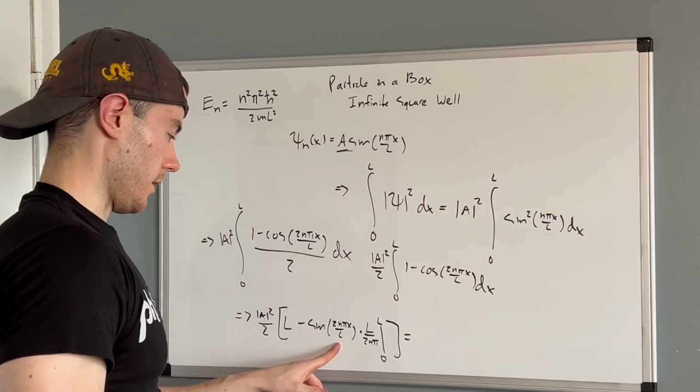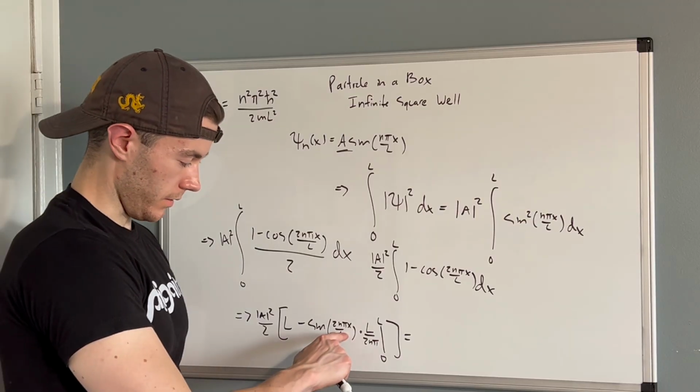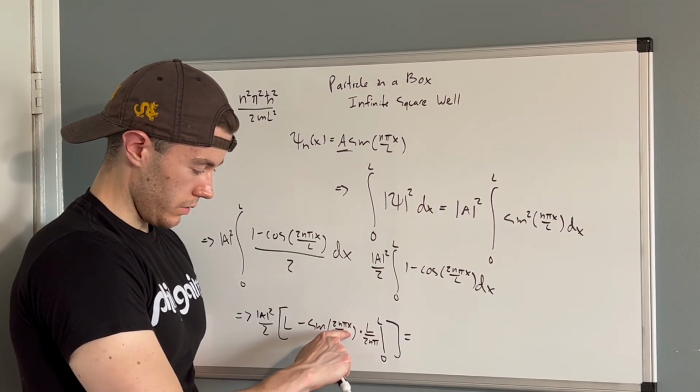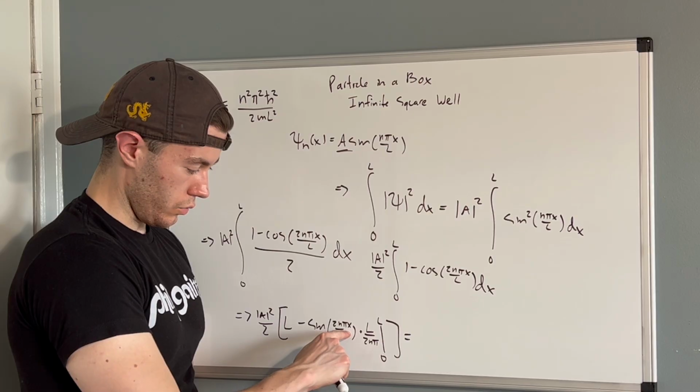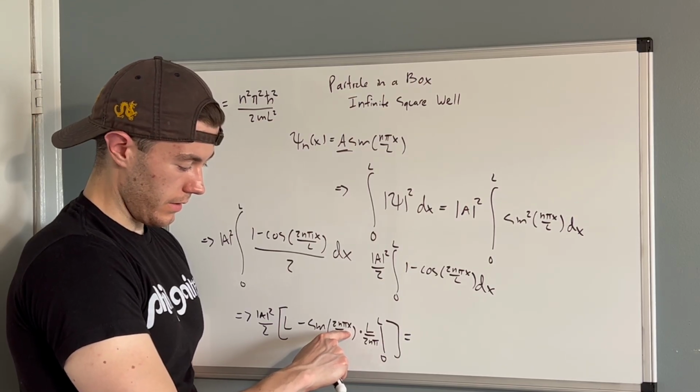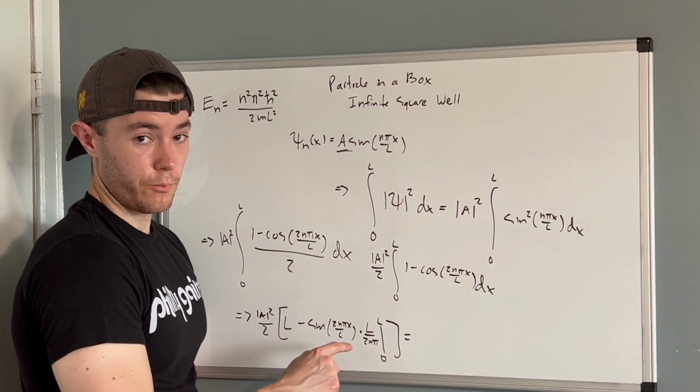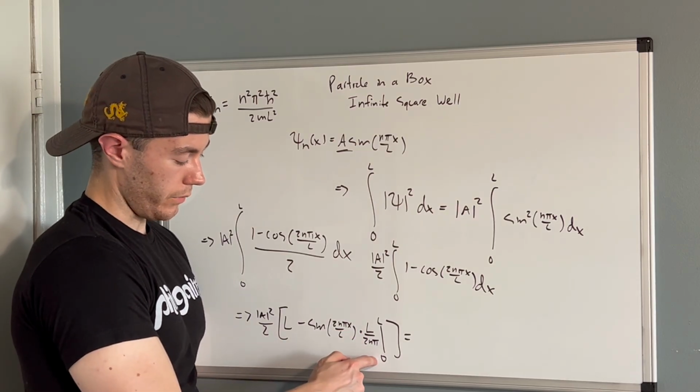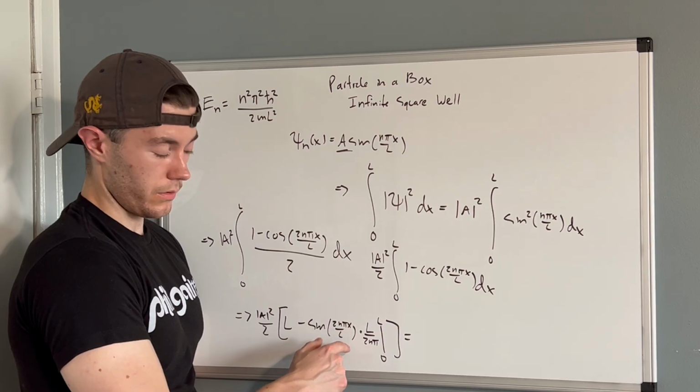Let's see, if we plug L in here, we're going to get 2n pi. Sine of any integer multiple of 2 pi is always 0. And if we plug 0 in here, sine of 0 is 0.